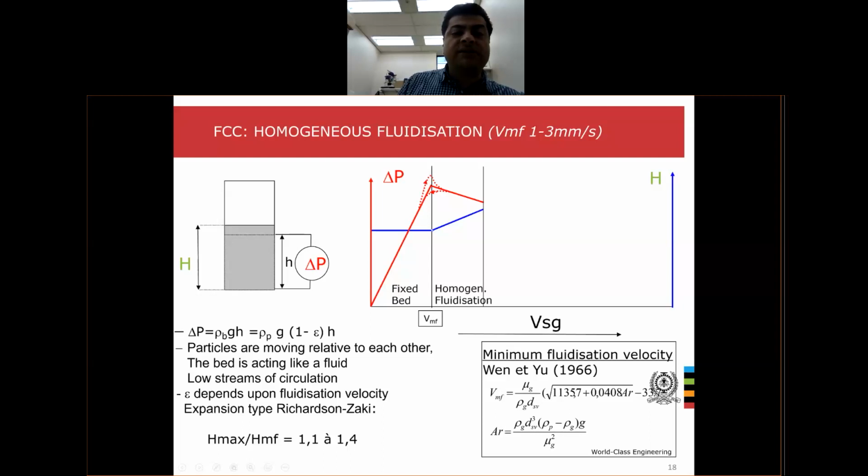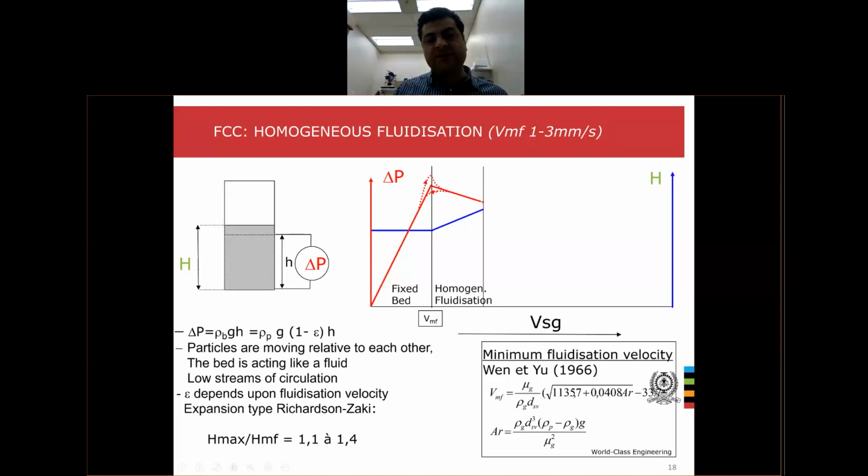But something interesting happens to delta P. Delta P of the reactor increases up to a certain point, and after UMF, delta P drops again.